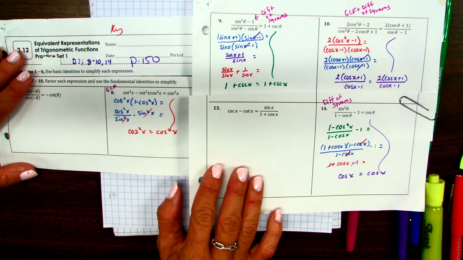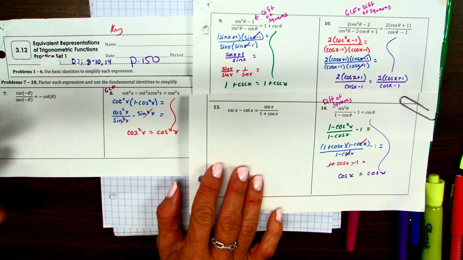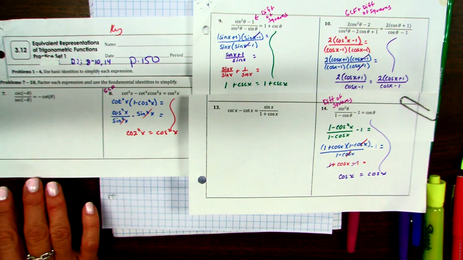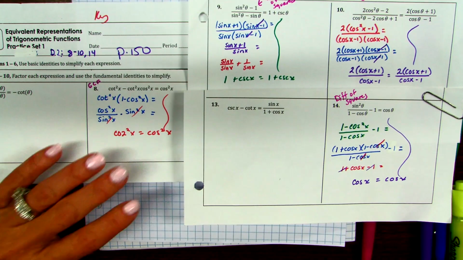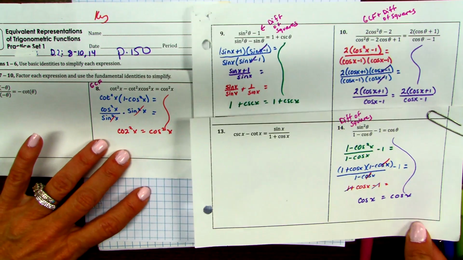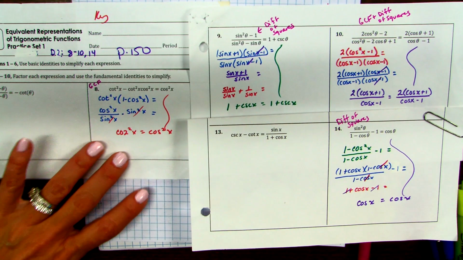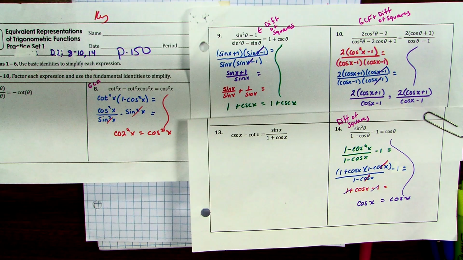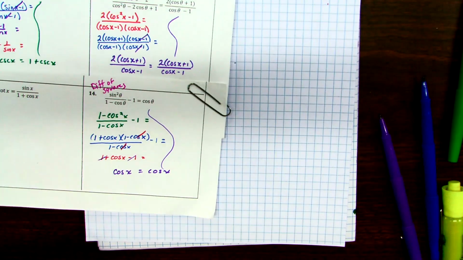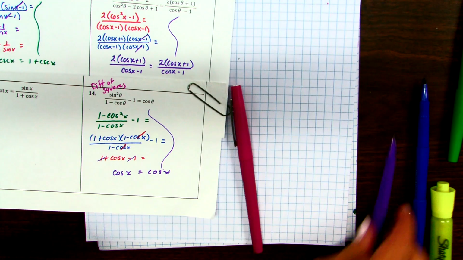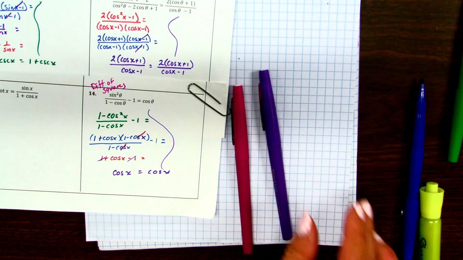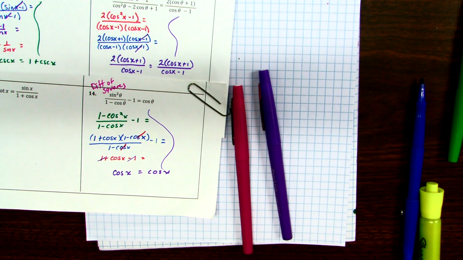Sorry, 8 through 10, comma 14. This is D2. Okay, just keep the calculator at the side.